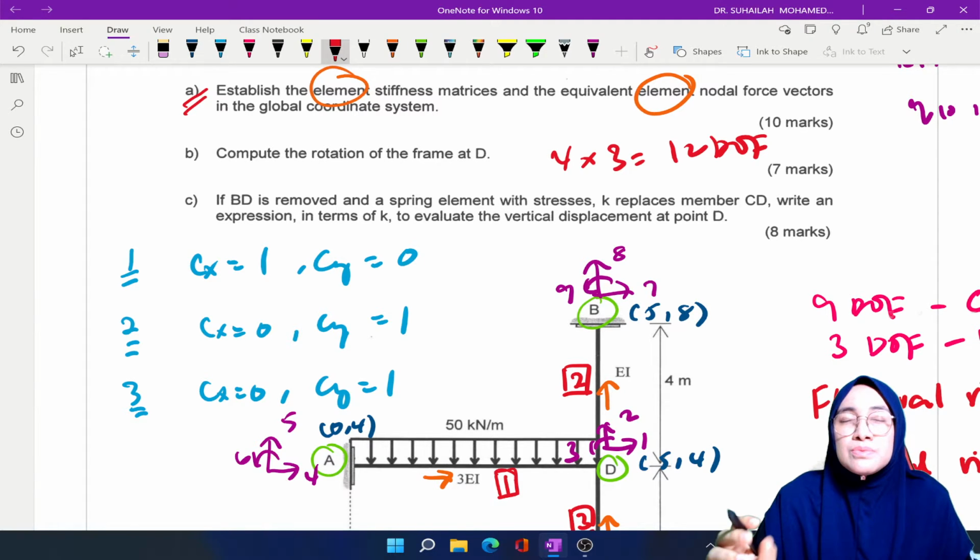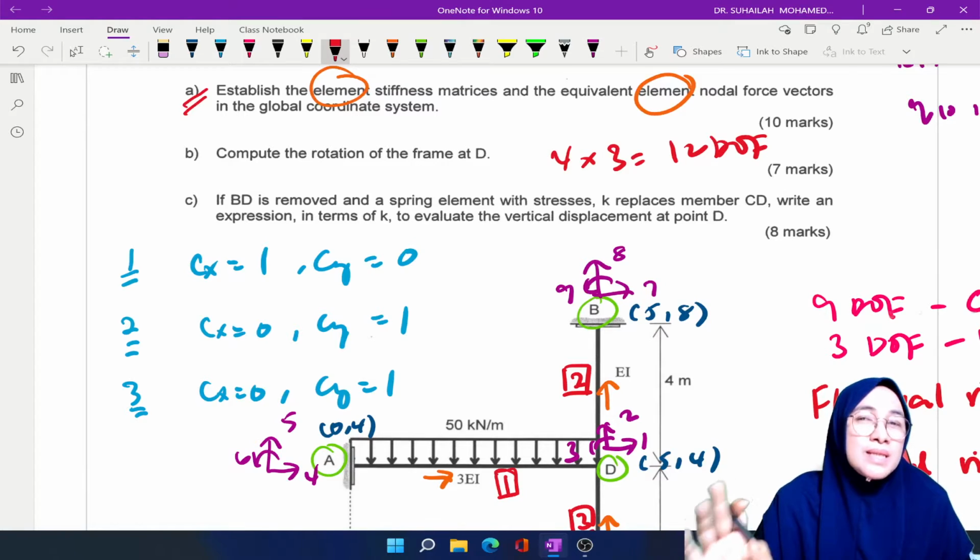So we need to be able to imagine the 12 by 12 matrix, the positions, but not all values. The values in the structure stiffness matrix that are important are actually a 3 by 3 matrix only, because we need to determine the unknown displacement considering the unconstrained system, as there's no effect of support settlement here. So we just need to focus on the unconstrained system.